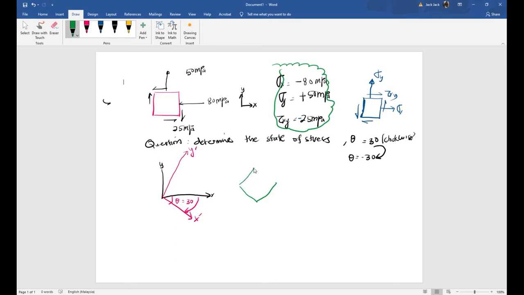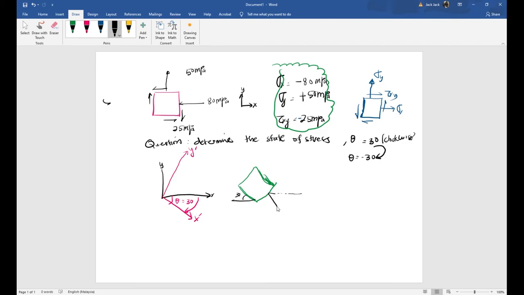I'm sorry, I'm not good at drawing, but roughly you can understand the rotation of the element. So here is your 30 degree, minus 30 degree, or we can also draw like this.